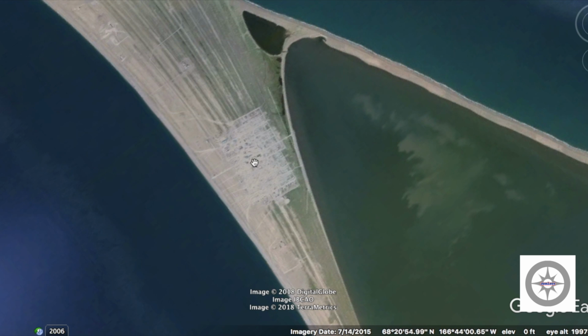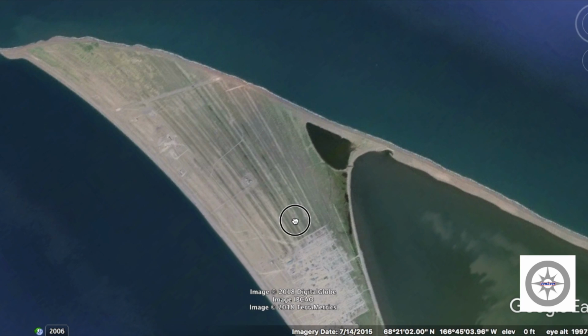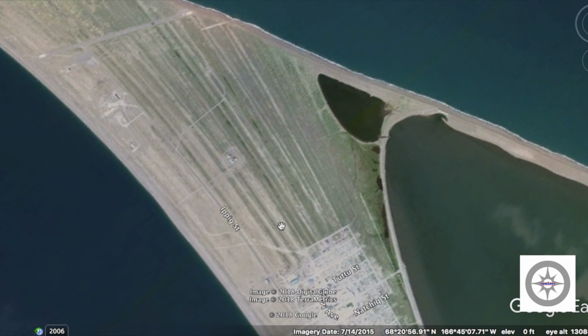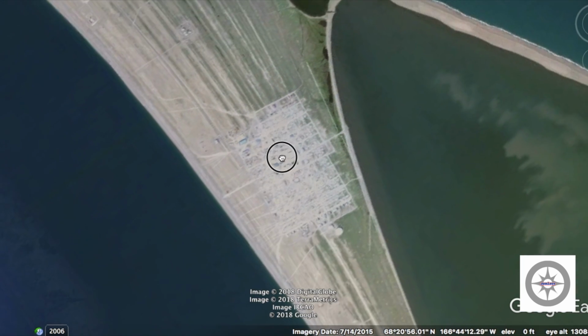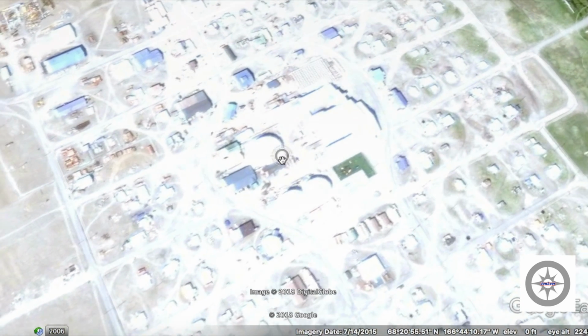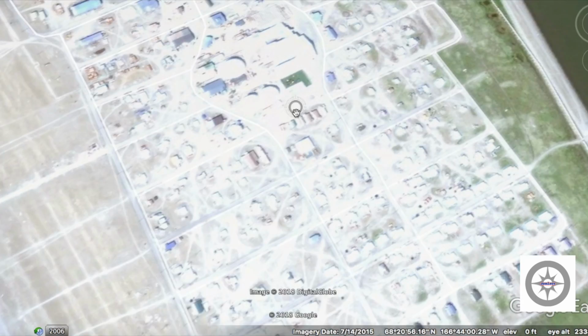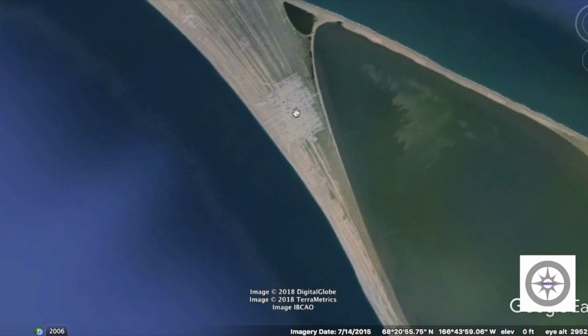This is an ancient footprint. Here is more raking of the earth. And now, this could be an Eskimo community. I'm going to imagine that it is, but it is sitting on an older footprint.